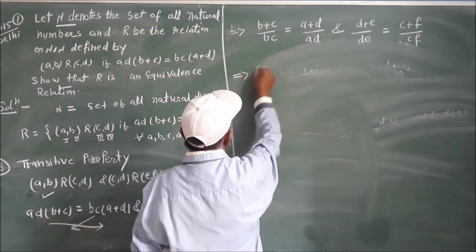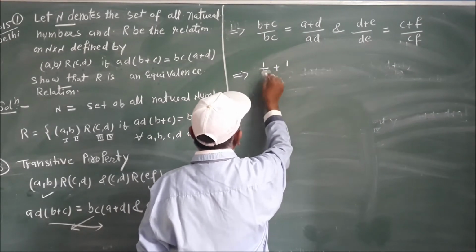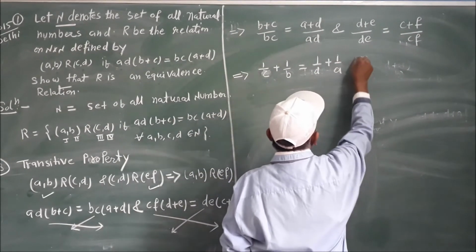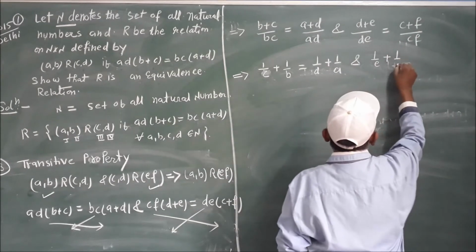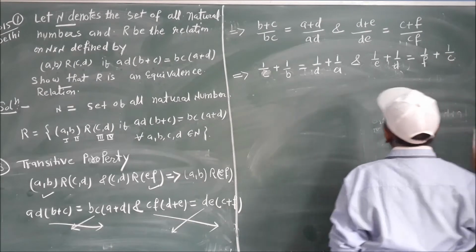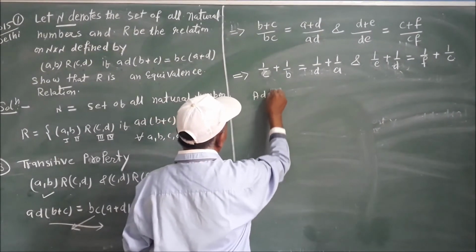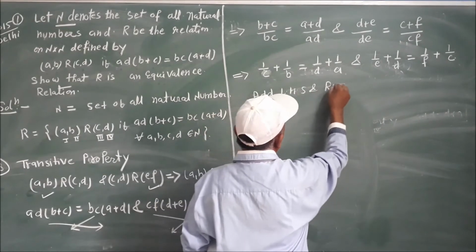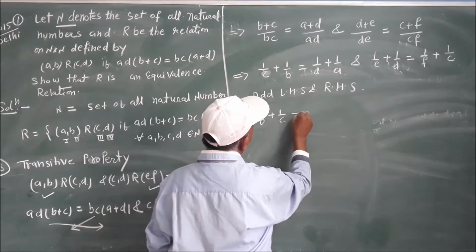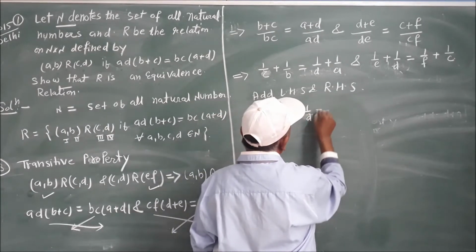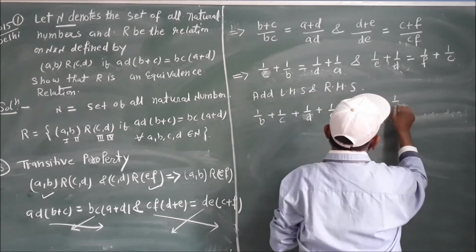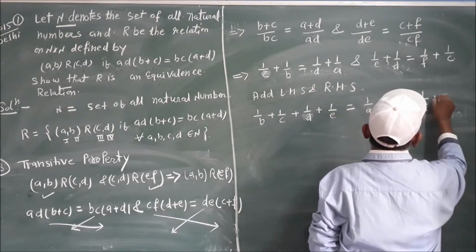Solving, this can be written as 1 by B plus 1 by C is equal to 1 by D plus 1 by A, and 1 by E plus 1 by D is equal to 1 by F plus 1 by C. If we add LHS and RHS, we get 1 by B plus 1 by C plus 1 by D plus 1 by E is equal to 1 by A plus 1 by D plus 1 by C plus 1 by F.